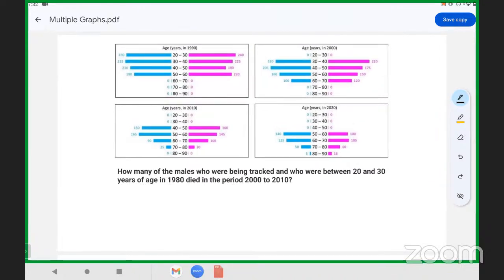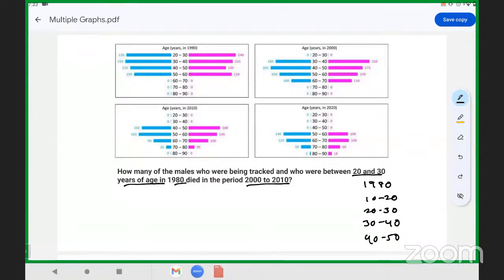So how many of the males who were being tracked, who were between 20 to 30 years of age in 1980, died in the period of 2000 to 2010? Okay, so we have to find out the mortality number. Right, again I will write it down. 1980 reference data, that is 10 to 20 age, 20 to 30, 30 to 40, and 40 to 50.